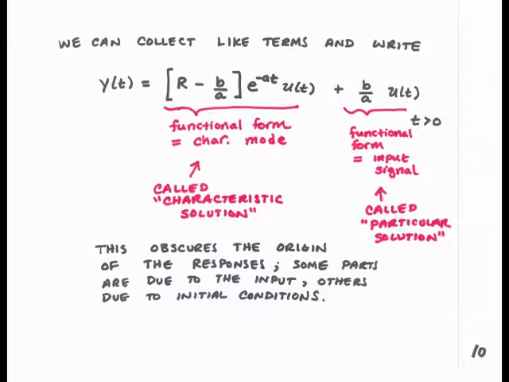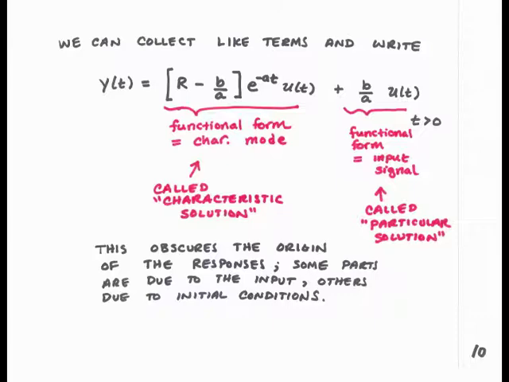And what we've done here by grouping these terms is we've recovered what we call the characteristic and particular solutions that you had back in differential equations. The characteristic solution had the form of the characteristic mode, and the particular solution had the form of the input that was acting upon the system, the non-homogeneous term.